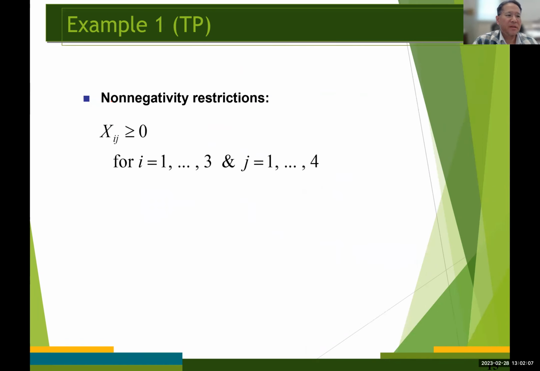And of course, all of the x variables must be non-negative, so we add the sign restrictions: x_ij has to be greater than or equal to 0 for all i and j values.